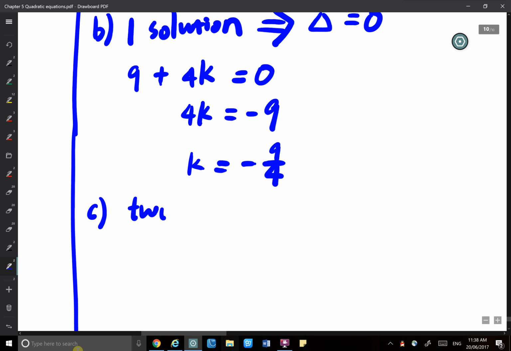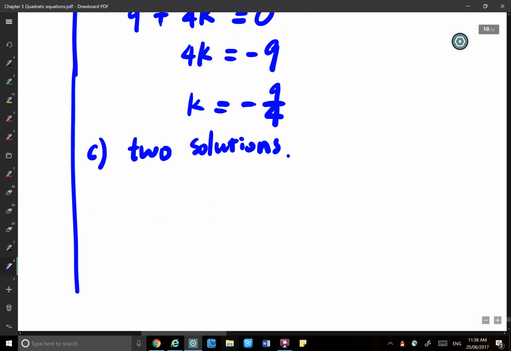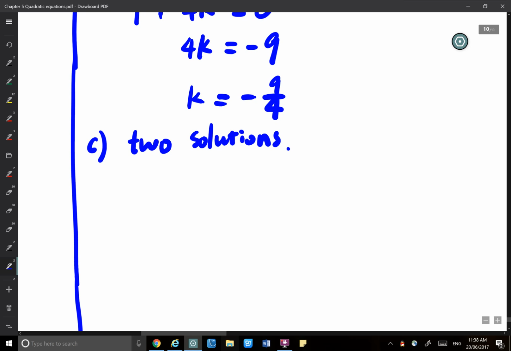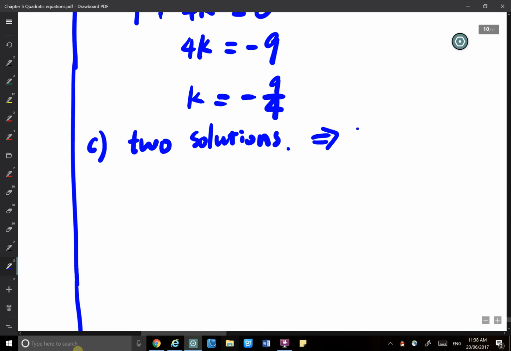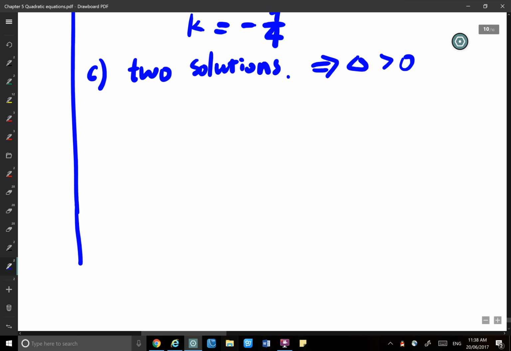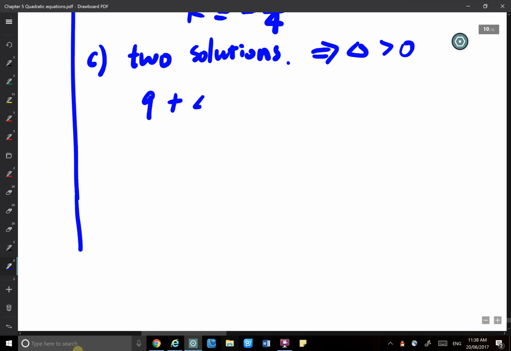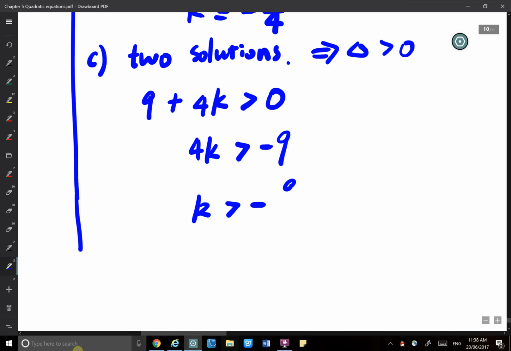C is asking for two solutions. If I want two solutions, the discriminant must be greater than 0. 9 plus 4k greater than 0. 4k greater than minus 9, k greater than minus 9 over 4.